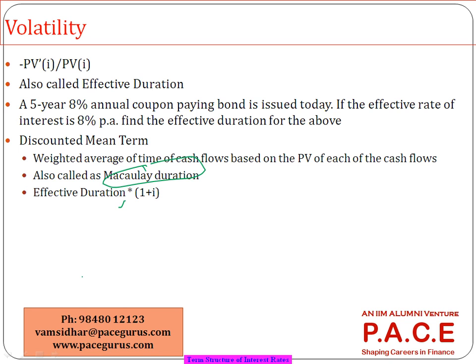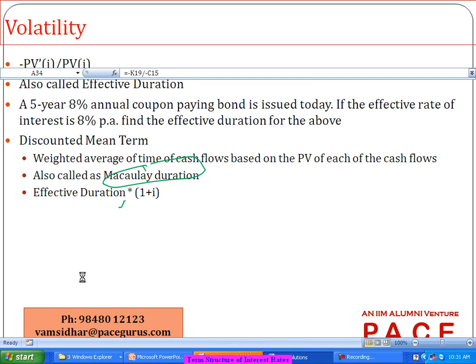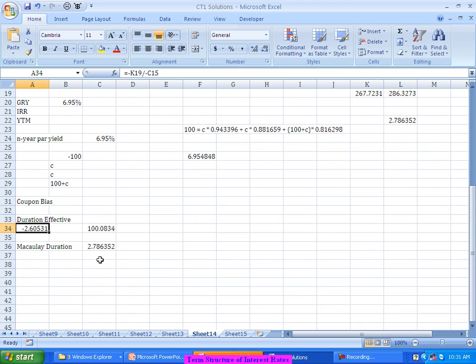All right. The simple way to link these two things is, you multiply the effective duration by 1 plus I, and you will get the Macaulay duration. So the effective duration multiplied by 1 plus I, or the gross redemption yield, should be equivalent to the Macaulay duration itself.